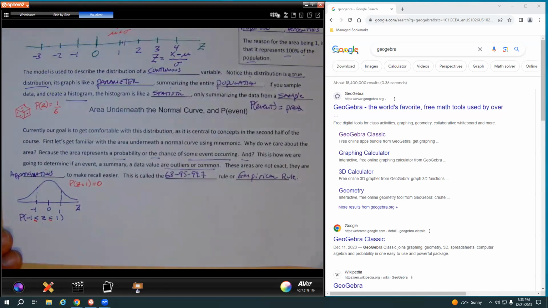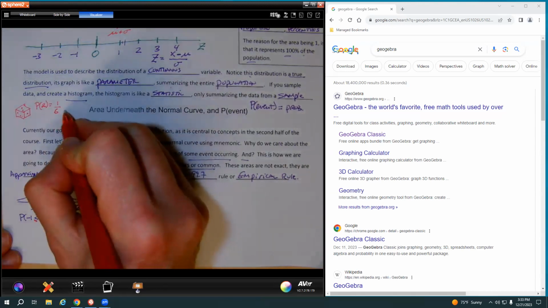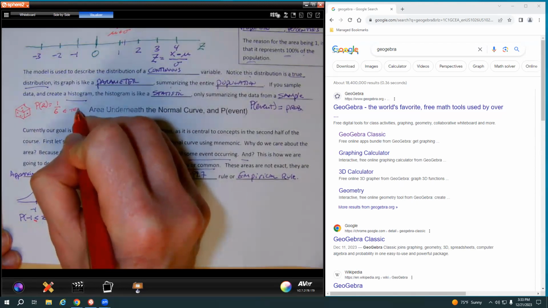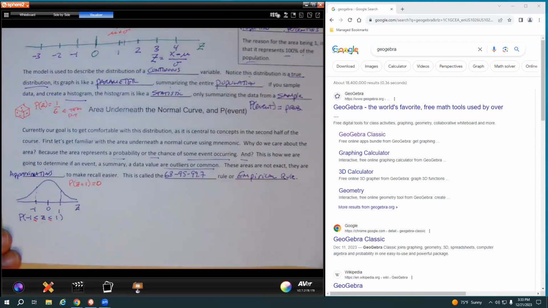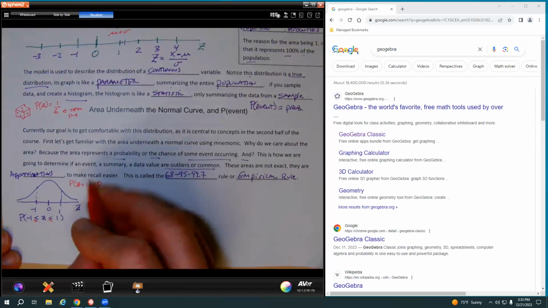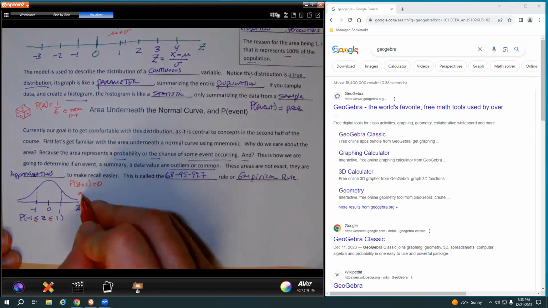Now, at the bottom is everything that can happen. Total things in the population, which is only 6 values. But when it comes to this curve, how many things are in this population? How many things are possible? And the answer is the number of items is infinite.